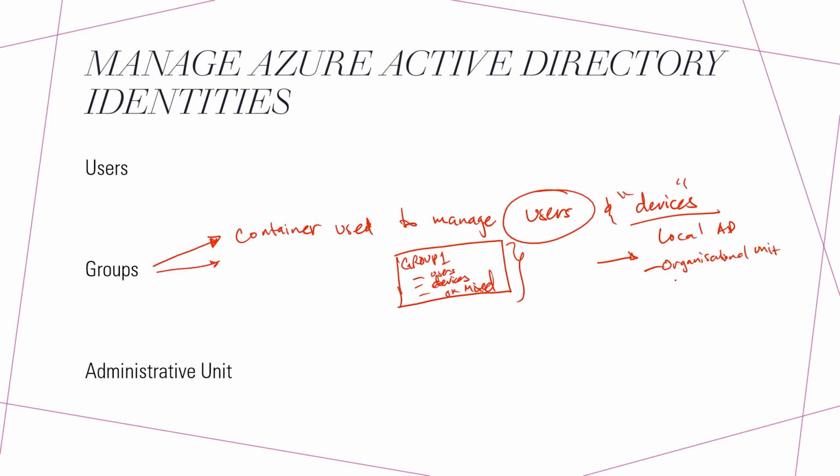Let's say that's OU1, and below it you create a folder or another OU. That's the structure of a local AD, which is different here in Azure AD. It's a single entity or a single object within Azure AD.